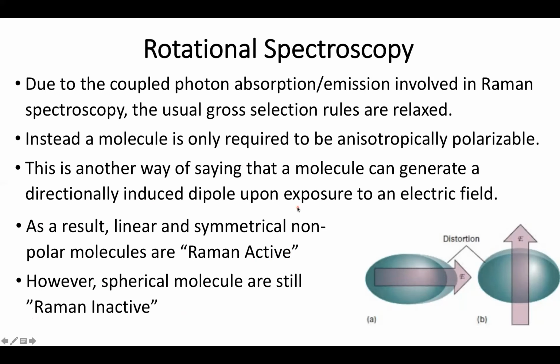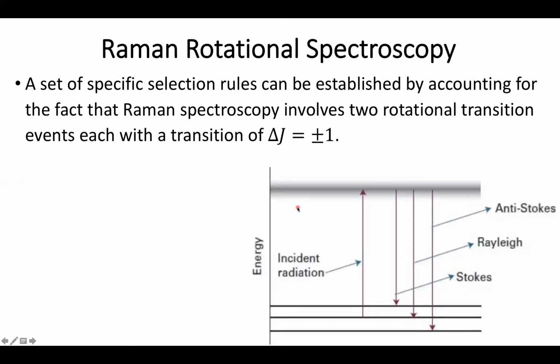However, we still need a set of specific selection rules. A good way of analyzing the specific selection rules for Raman is the fact that, again, it's going to be a two-photon event. Each one of these is going to have a possible rotational transition of plus or minus one J. So when I go excited up electronically, I could have a rotational relaxation or rotational excitation, but the J has to change.